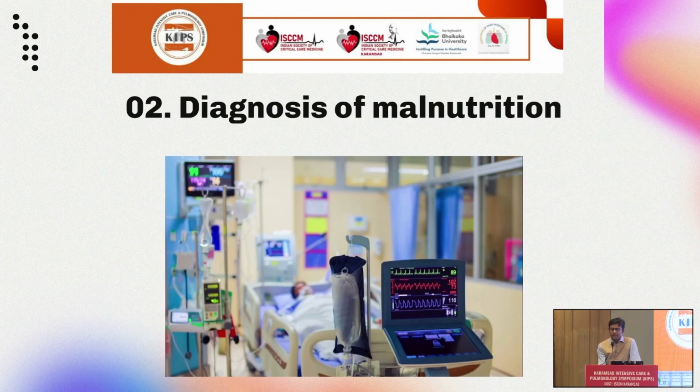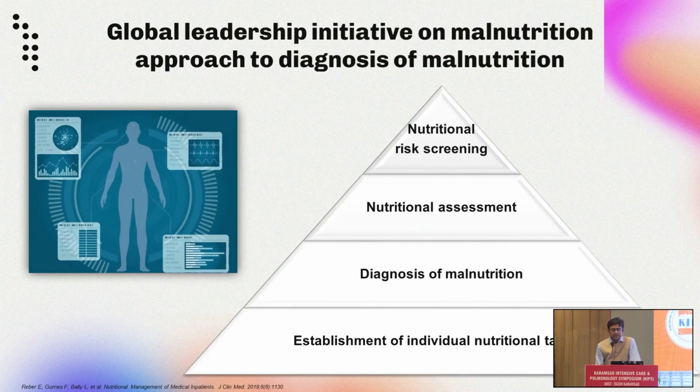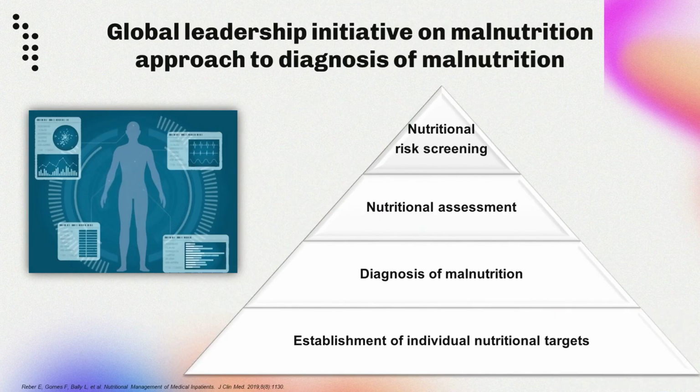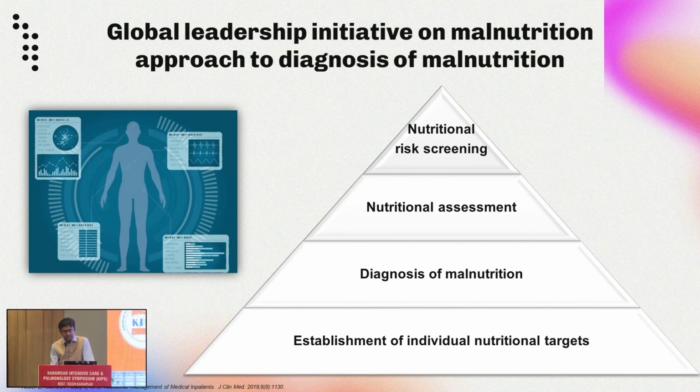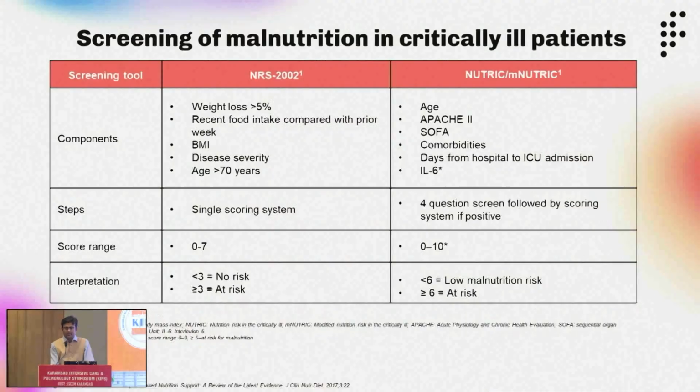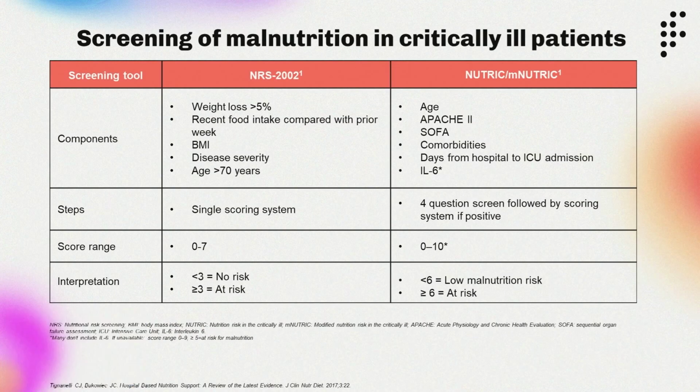How do we diagnose malnutrition? There are some risk factor screening tools. There is nutritional risk screening by history taking, nutritional assessment, diagnosis of malnutrition, and establishment of individual nutritional targets. There are two famous criteria, NRS 2002 and NUTRIC or mNUTRIC, to diagnose. These are the two screening tools.